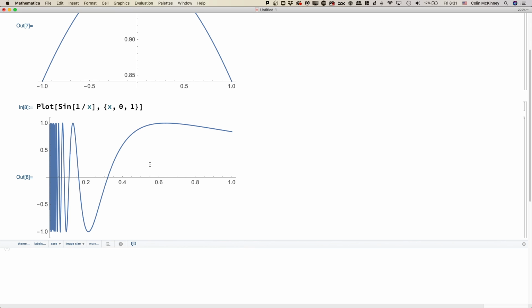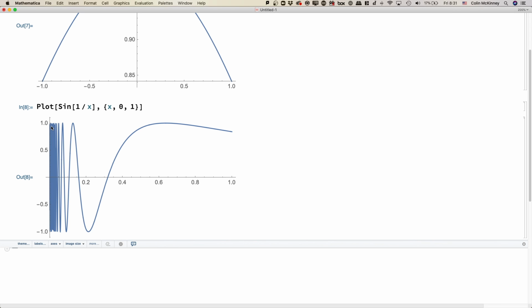Well, what's happening is essentially that the oscillations of the sine wave are getting compressed, and they get more compressed the closer you get to 0, right? So this is why it's not very squiggly, getting more squiggly, getting even more squiggly. Okay, so the question is, what's the limit of this thing as x approaches 0?